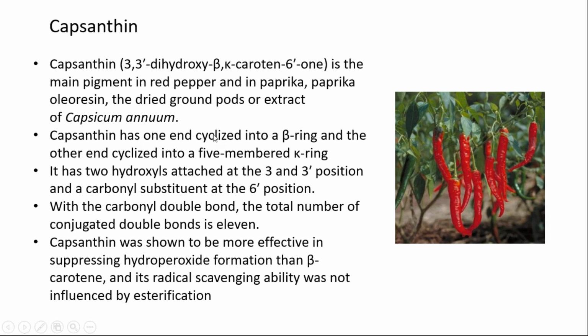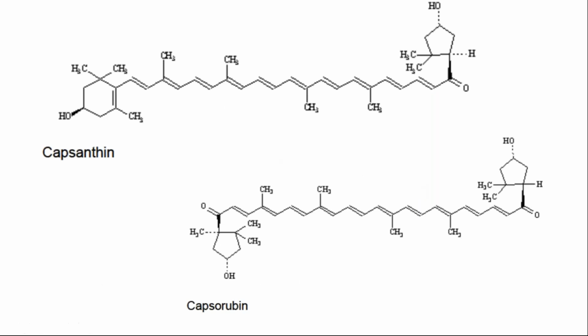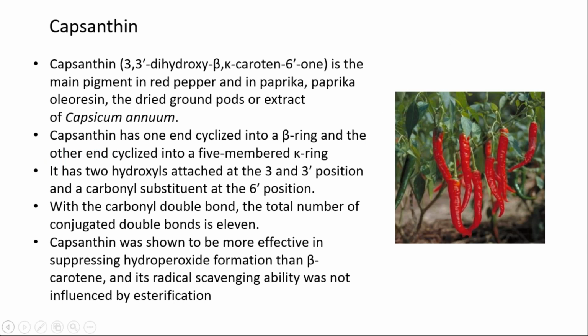If you see the structure, capsanthin has one end with a cyclized beta ring, and the other end has a 5-membered kappa ring.